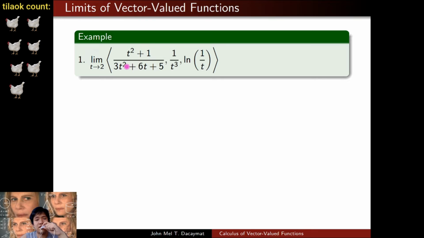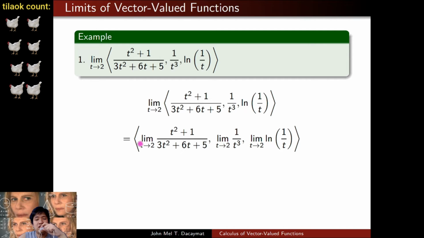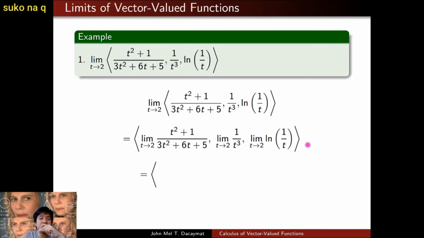Let's try this first. We want to get the limit of this vector valued function as t approaches 2. We take the limit of the first component, the second, and the third. For the first, as t approaches 2, you can just plug in 2; I think you won't have a problem.